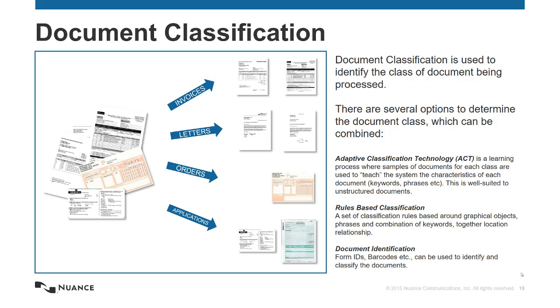So what we can add to the system is adaptive classification technology, a process of learning via samples of documents for each class and teaching the system to use the characteristics of each document to identify the type of document or subtype of document and build up a classification profile. And we'll talk about that a little bit later.